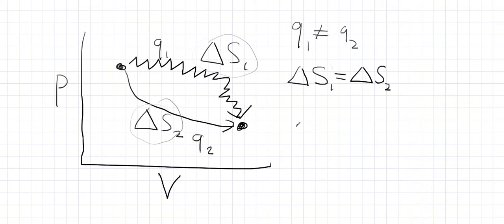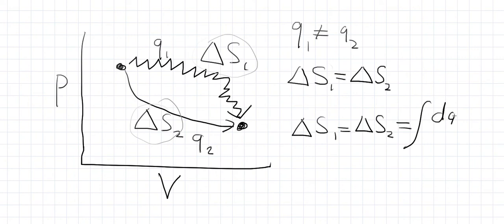And so I can say that delta S for path 1 and for path 2 are equal, and that path 2 is going to be the integral of the heat flow for that second path divided by the temperature. So we can actually always construct a reversible path if we have an irreversible process, and this is how we're going to calculate all our entropy changes. So let's look at two concrete examples.